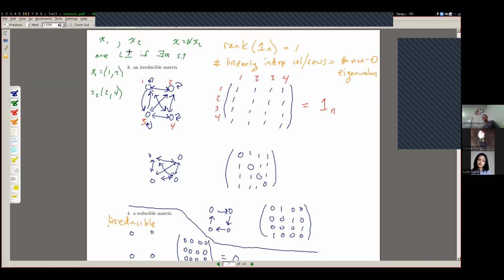Sorry, I wrote Li for linearly independent, but I defined linearly dependent. Oops. Something is linearly independent if it is not linearly dependent.